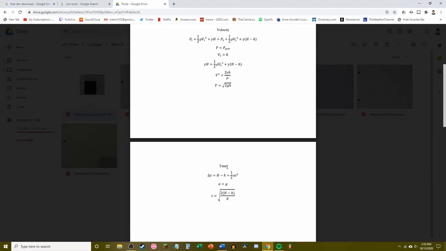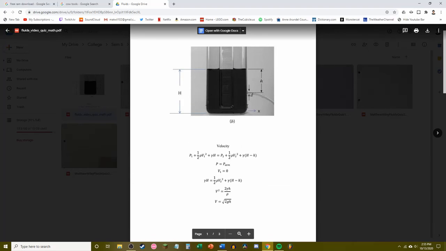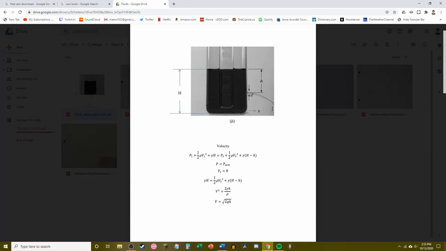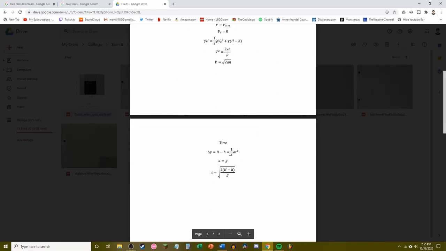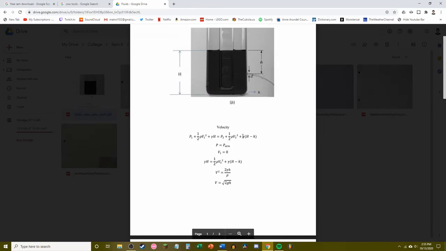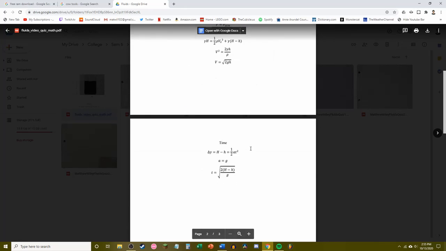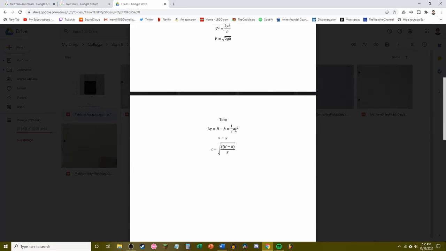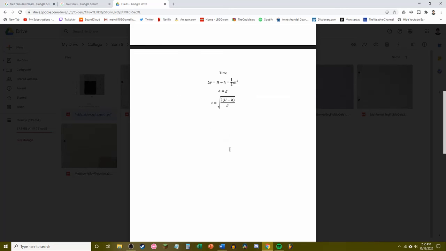So we take the height, H minus little h, and find how long it will take to reach the ground using the gravity term. There are no other velocities in the vertical direction, so it is just this. Solving for time, you get the square root of 2(H minus h) over g.